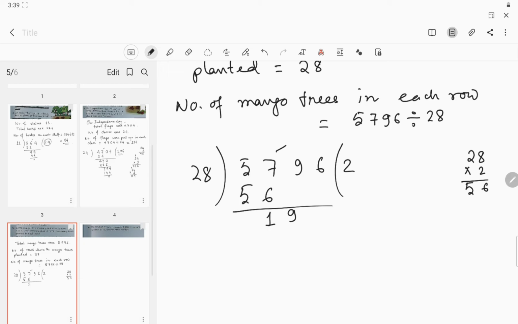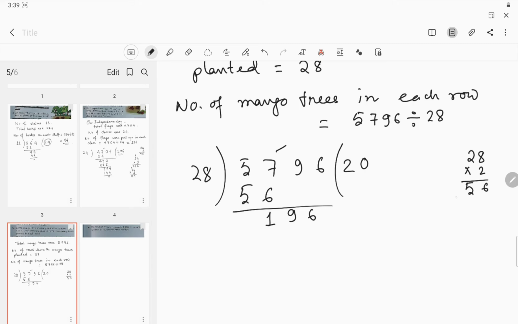Now bring down 9. After bringing down the 9, you see that you can't divide 19 by 28, so you have to put 0 here in the quotient. Then again bring down the next digit, that is 6.